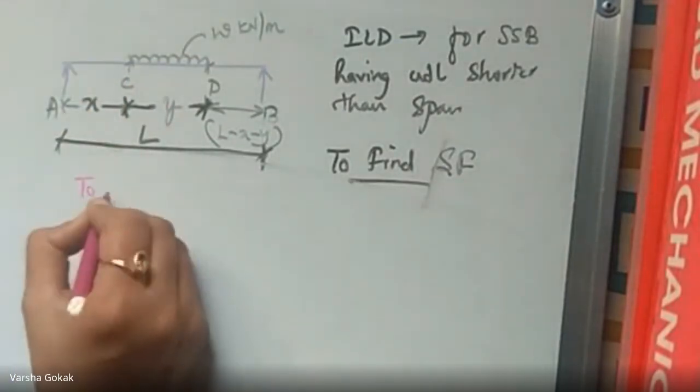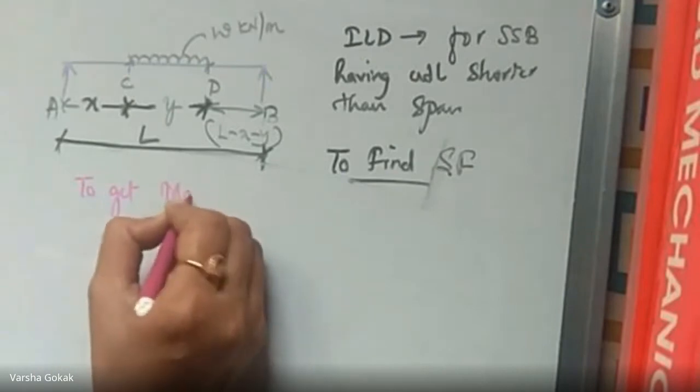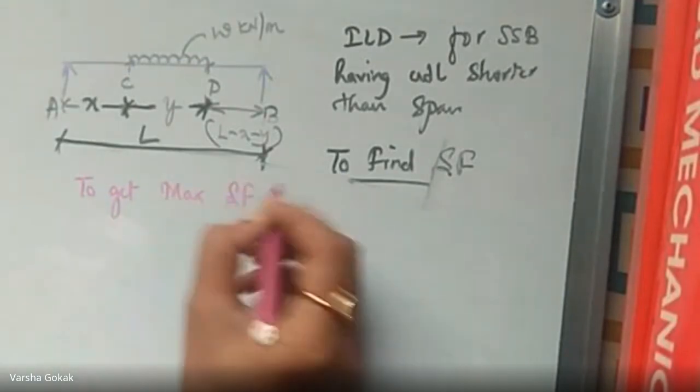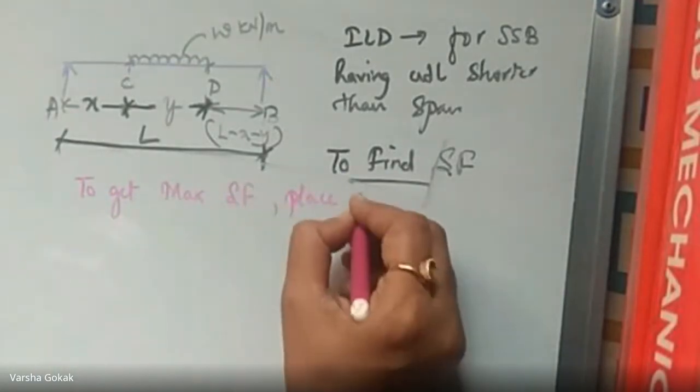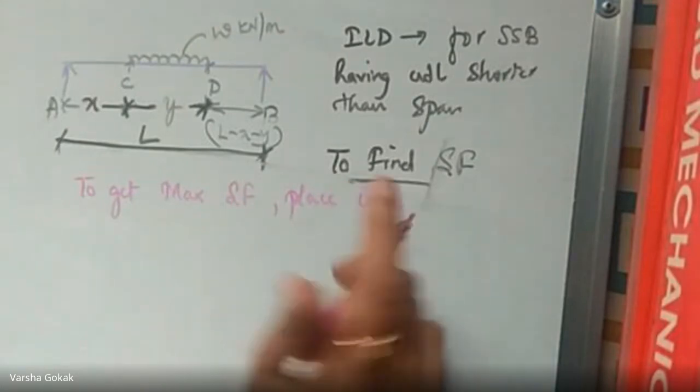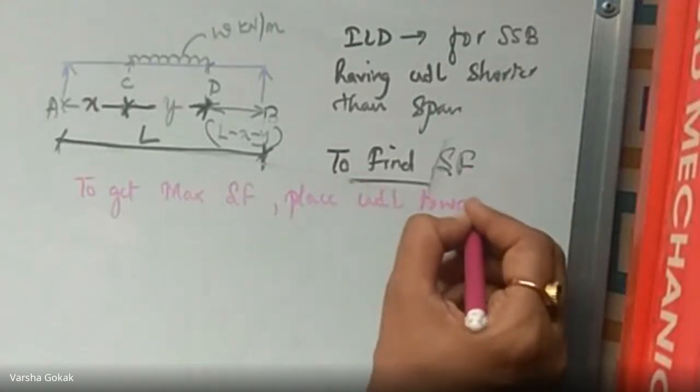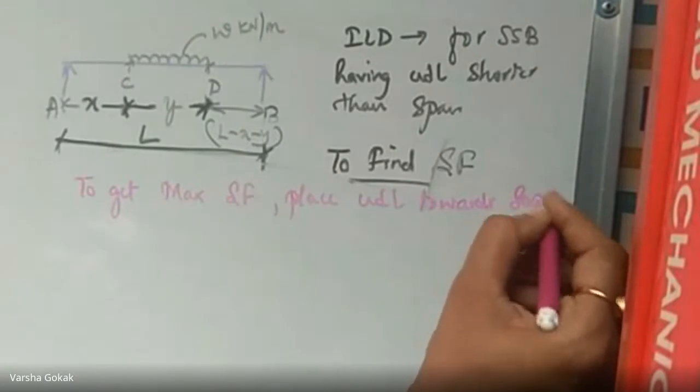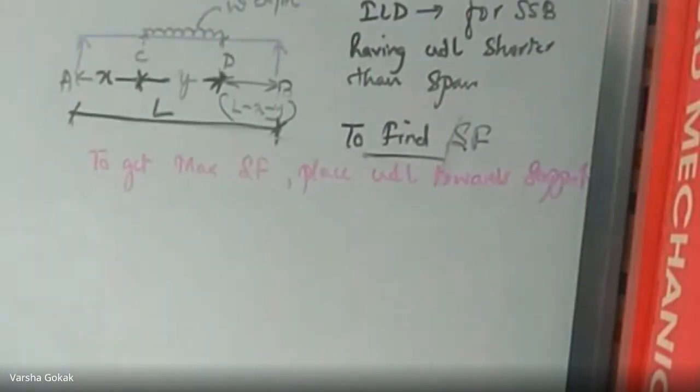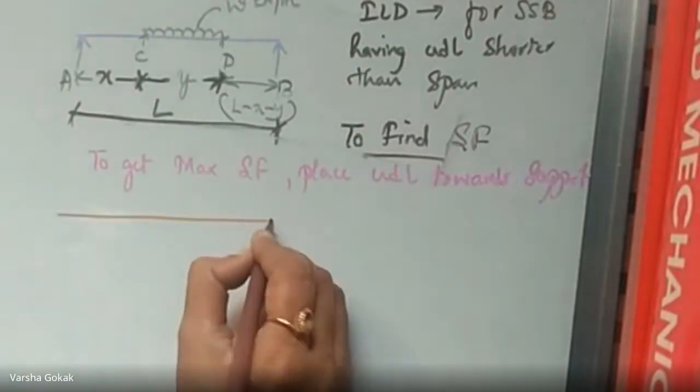To get maximum shear force, place the UDL towards the support. We have done this numerical, the first numerical that we took, it was like this only. So your diagram will become like this now.